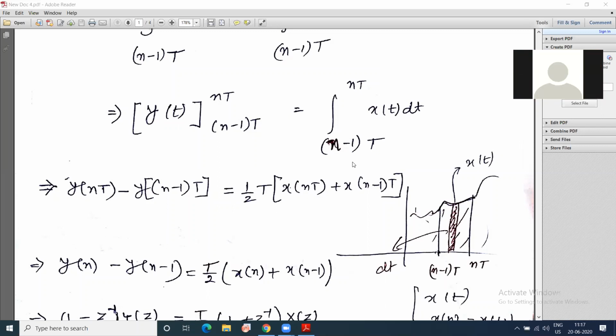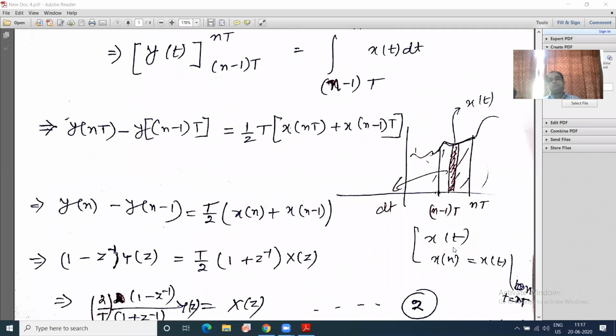Fine. Now what I am writing: y(nT) means y(n), y((n-1)T) means y(n-1), and the integral is T/2. x(nT) means the corresponding digital part is x(n), and x((n-1)T) equals x(n-1). If x(t) is the analog signal, then x(n) equals x(t) at t equal to nT.